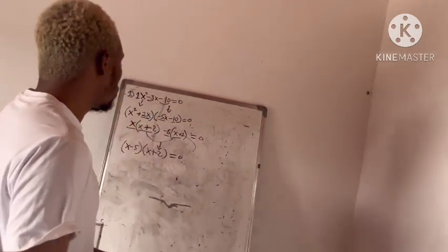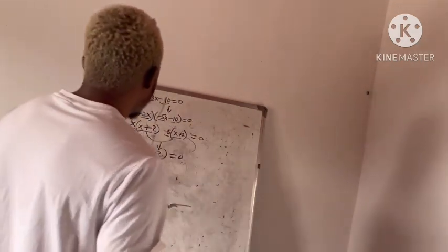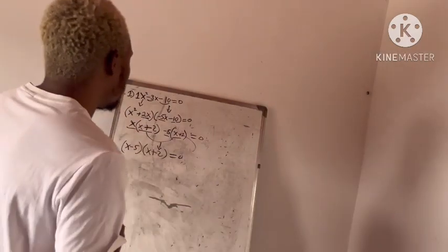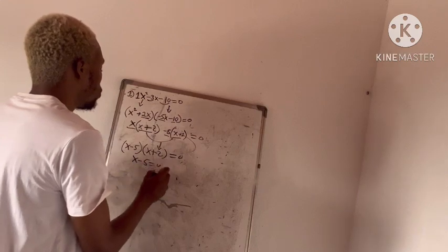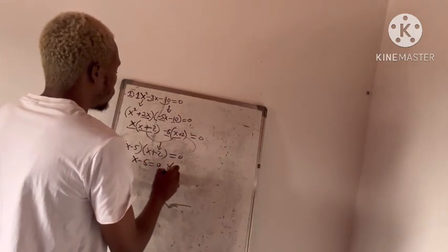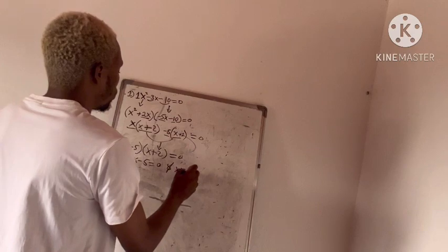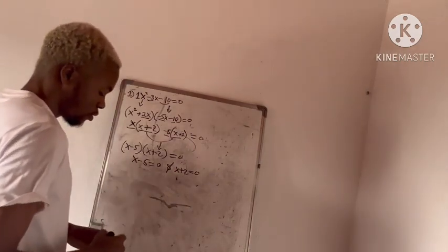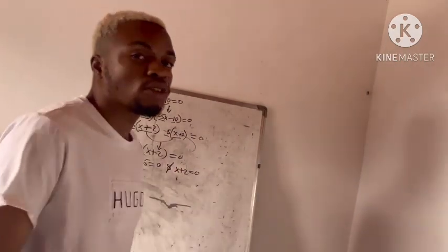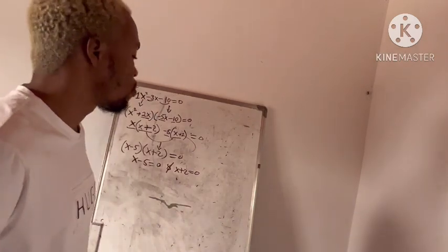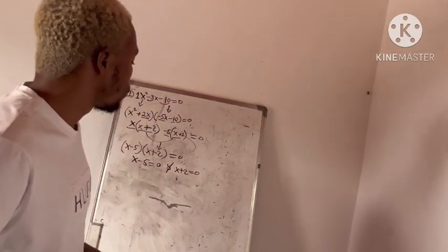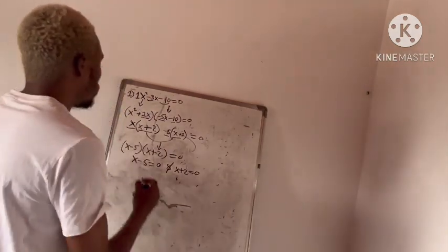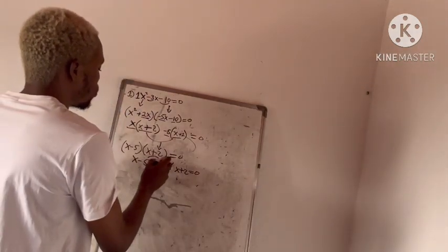The next thing you do is, when you have this, you then consider each of them equal to 0. That's, you have x minus 5 equal to 0, and x plus 2 equal to 0. Now, you take this and go this other way.